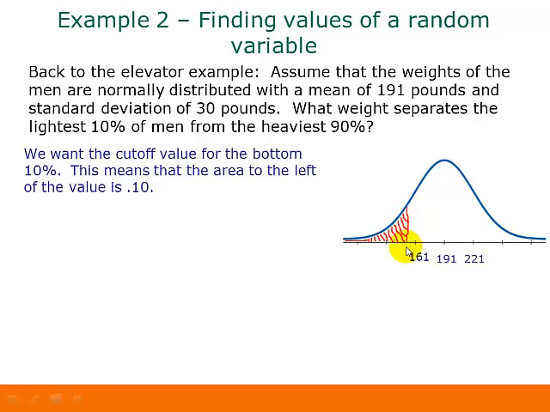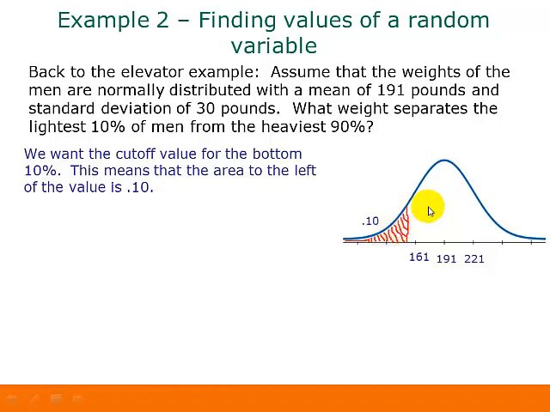And it's not that important that you're totally accurate on these, as long as you realize that 10% is going to be less than half of the graph, and as long as you're shading in the right direction. That's the important thing. So again, I just made a guess about where this value might be, shaded it to the left. So this area in here is our 10%.